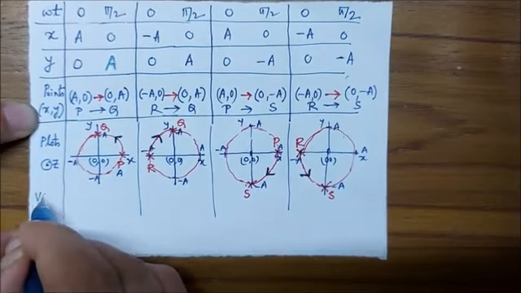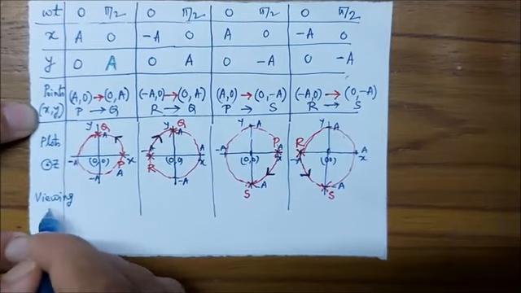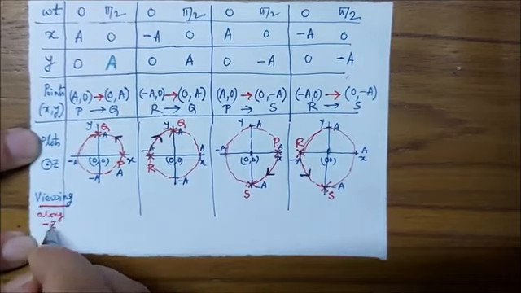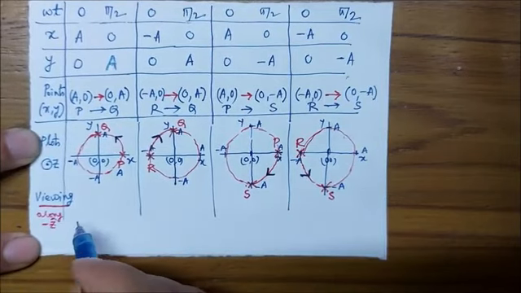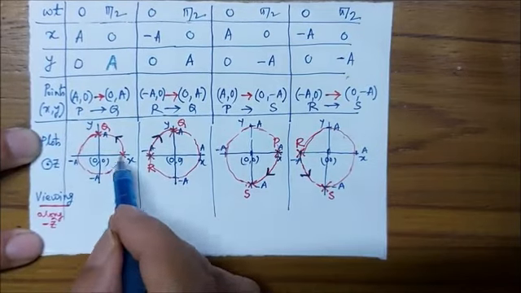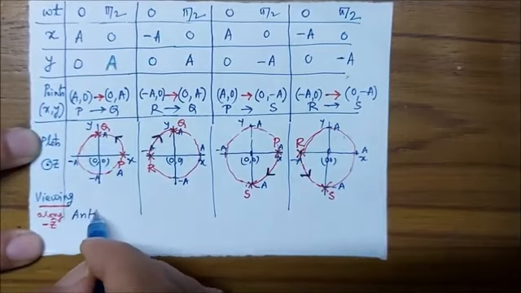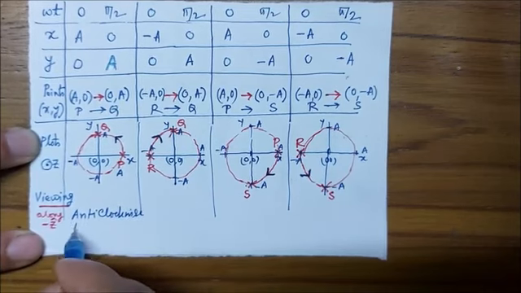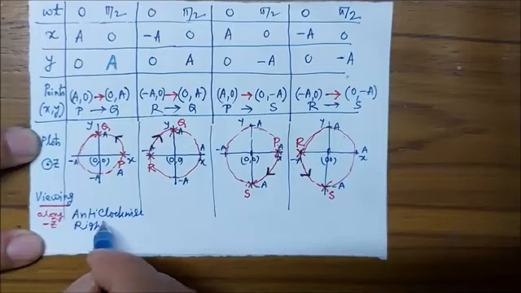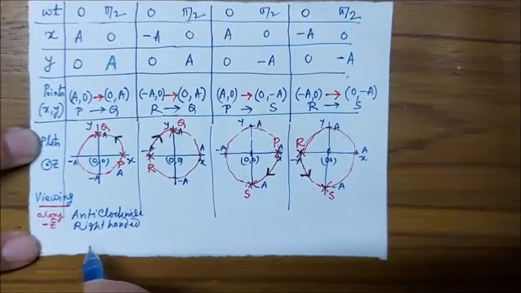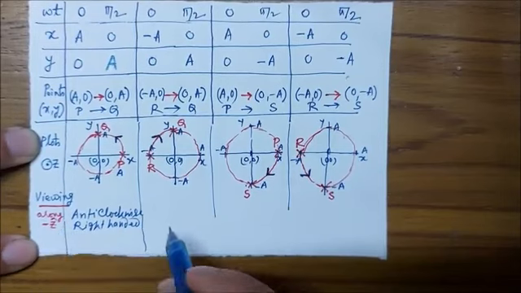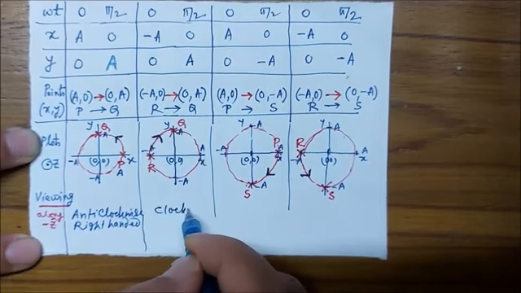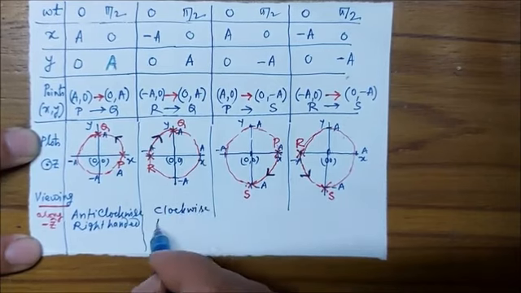So viewing is along minus z, then obviously this motion is anti-clockwise or right-handed, and this is clockwise or left-handed.